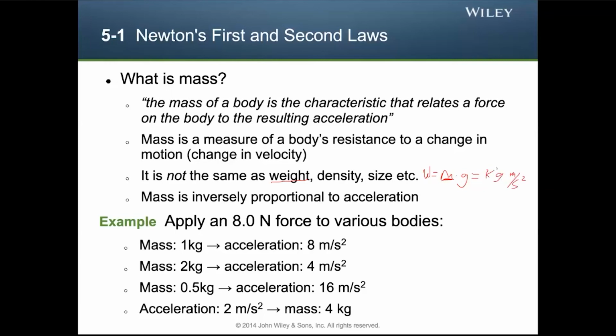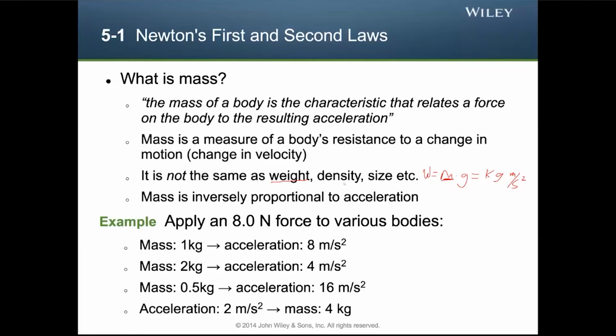So again, this is our original definition of newtons. So if it gives you a weight, it must be in newtons. So if something says it has a weight of 5, don't take that to be kilograms. The weight is not kilograms. The weight is the kilograms multiplied by gravity. So if you take that, you're going to end up accidentally multiplying by gravity twice. So be very careful with how that's worded.